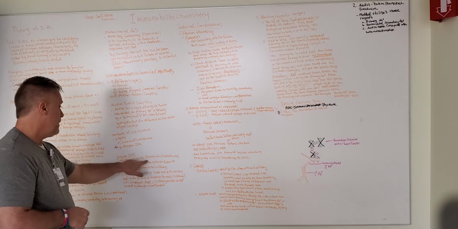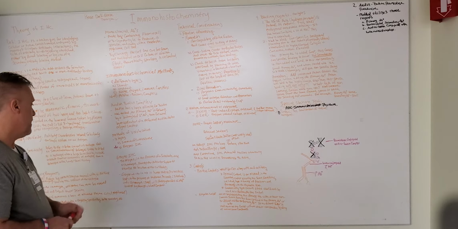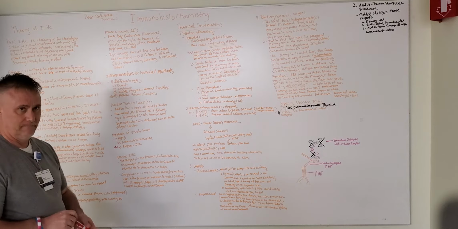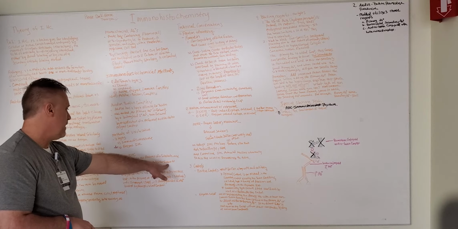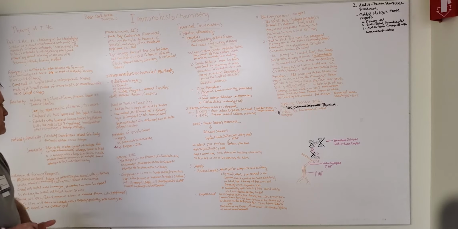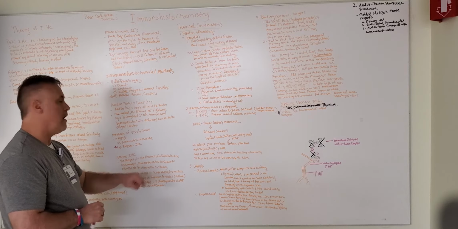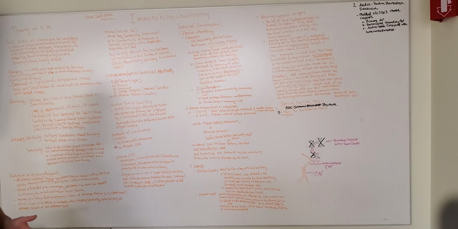The enzyme in the presence of a substrate and a chromogen, okay, produces the indicator system to visualize the location of the antibody on the cell, or in the cell.